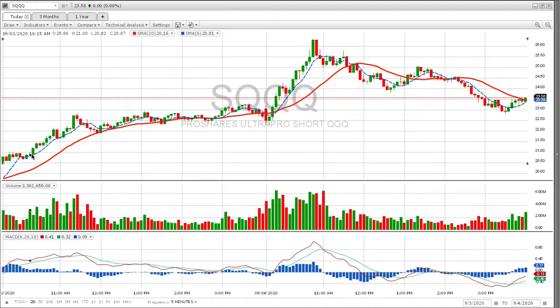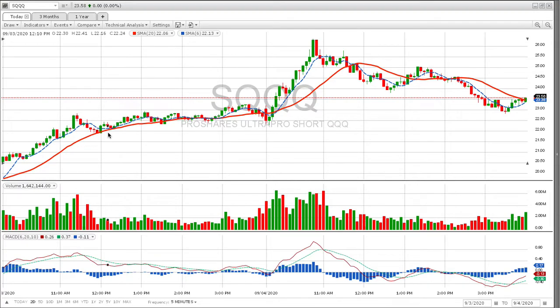When we crossed over here, we picked up 800 shares, I think it was, and then we traded it up and got stopped out at 21.75 for an $800 gain on the day.